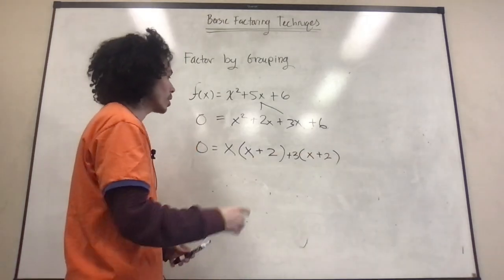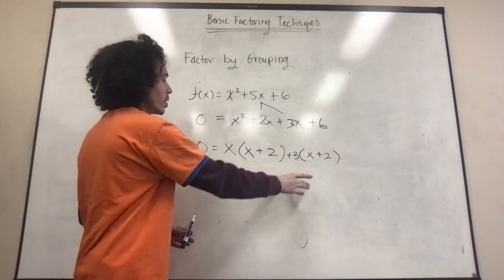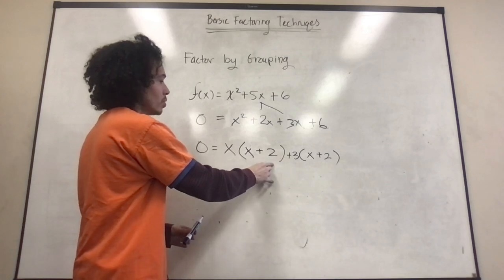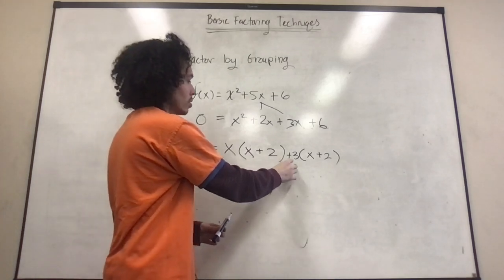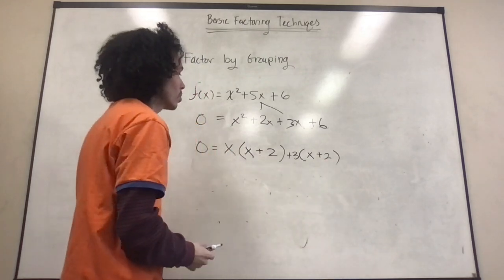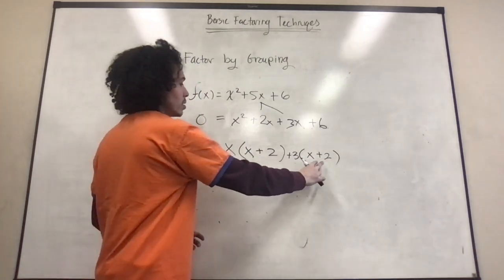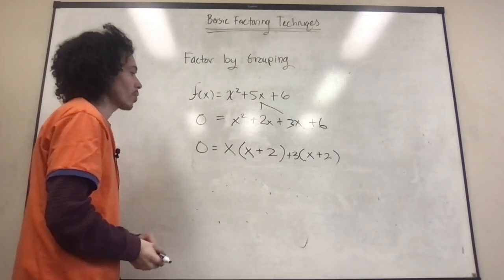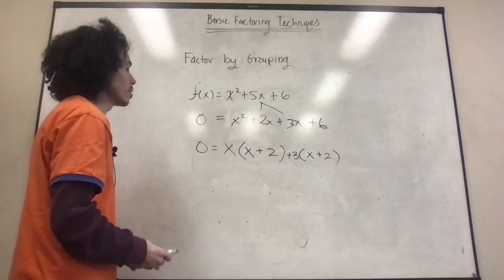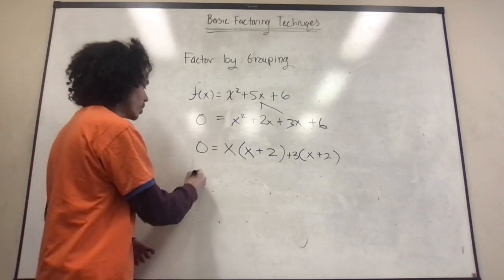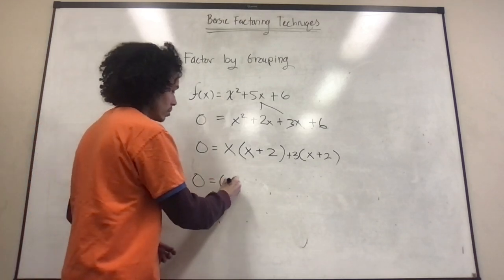There's the x times parentheses x plus 2, and then there's the plus 3 parentheses x plus 2. Both parentheses in this function are the same, meaning that we can do this.